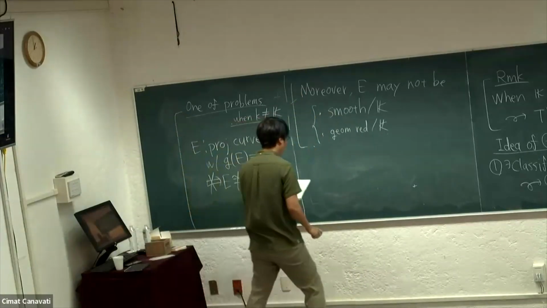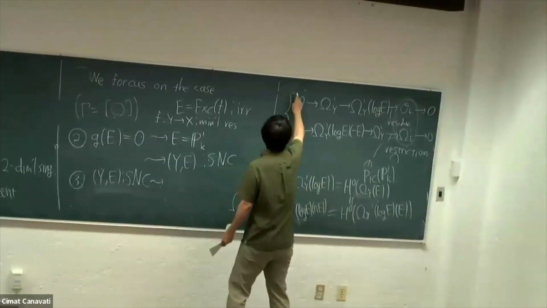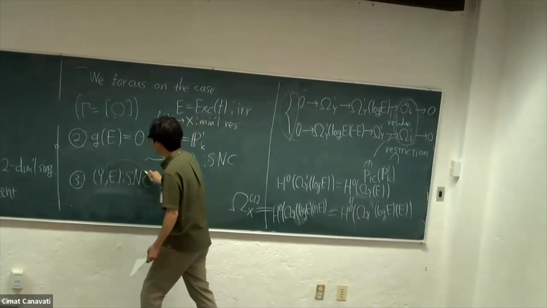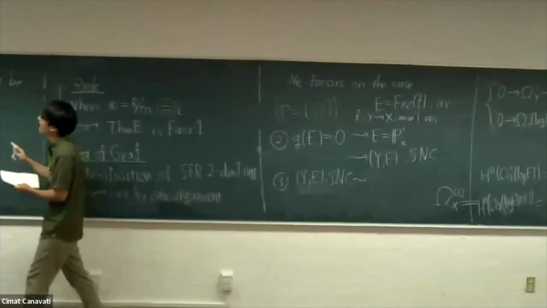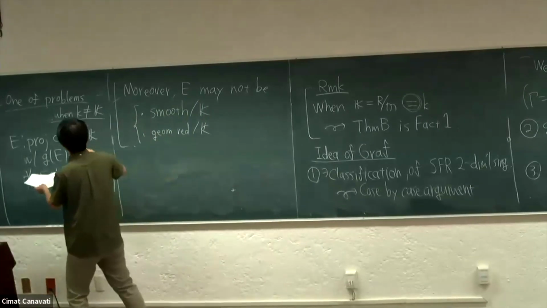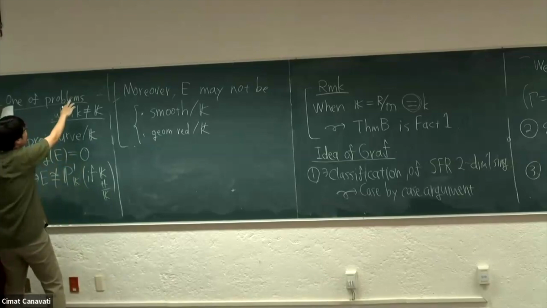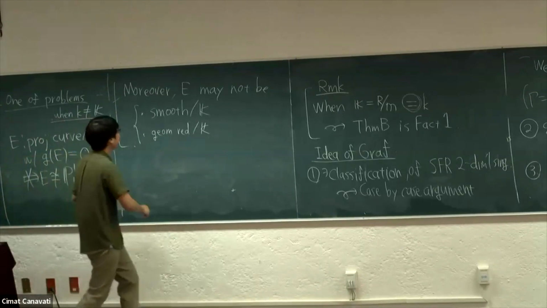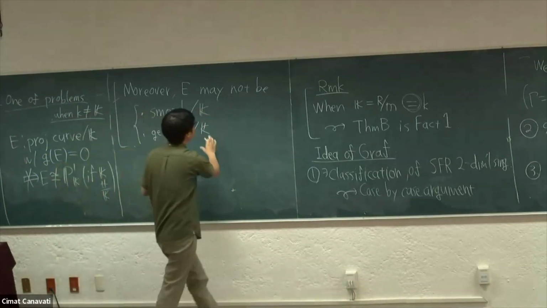This is the problem, because if it is not smooth, then we cannot use that sequence, because that sequence follows from the SNC condition. Sorry, your E is the reduced exceptional divisor? Yes, sorry. So yes, actually here we only assume it is projective and integral.